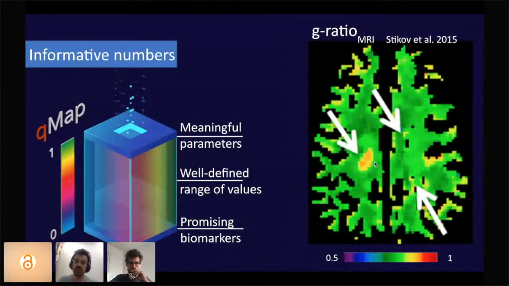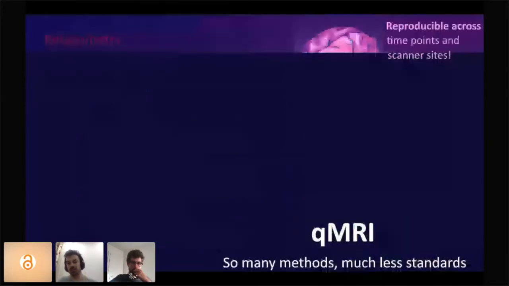But only one of these 3 lesions shows the G ratio value of 0.3, which indicates impeded transmission of signal. So yeah, this is pretty much what quantitative MRI is trying to achieve: combining multiple images with biophysical modeling and MRI signal representations to derive numbers that are reproducible across time points and scanner sites.